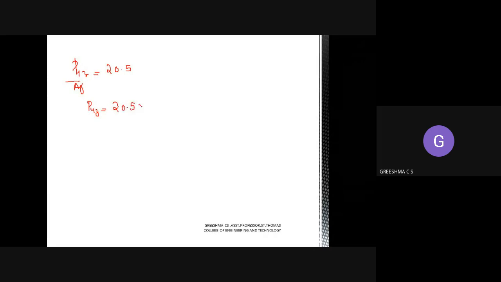So take 20.5 as PU divided by AG value. So PU set divided by AG from the SP16 graph, we got this as 20.5, and PU set, the ultimate load carrying capacity, is 20.5 into the area of gross section, that is 400 into 400. So how much is the value? Tell me. PU set into 20 into 20.